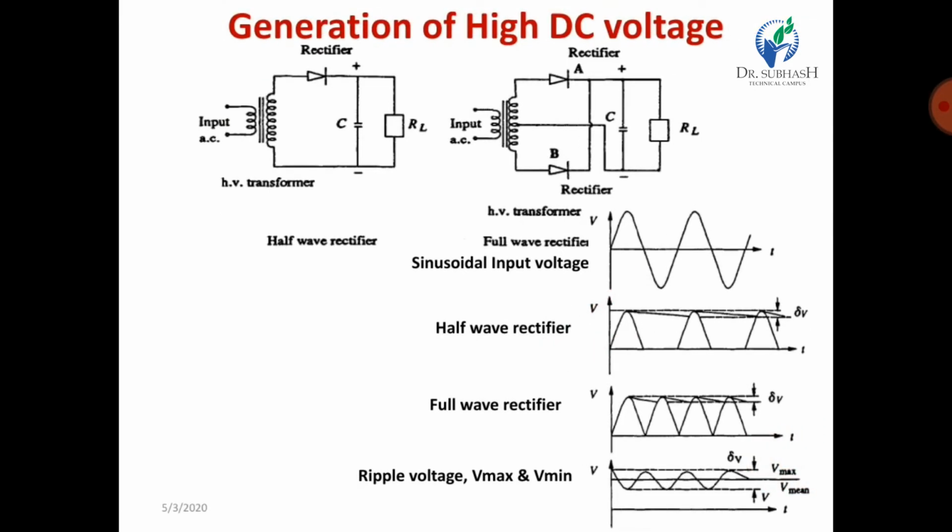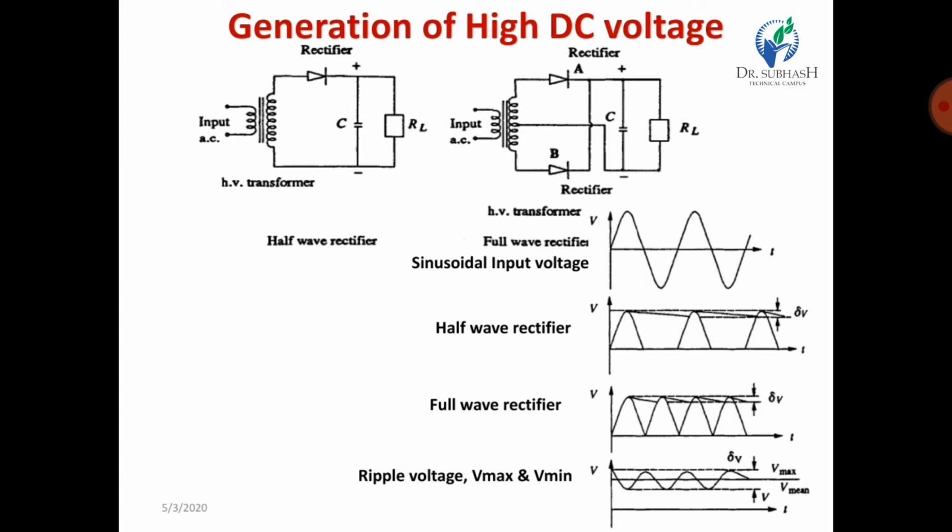Now we see the full wave rectifier. There are two diodes, A and B, and C stands for the filter. As we know, the output of the rectifier is not pure DC but pulsating, so we have to use a filter circuit, and in this circuit we have used a capacitor for filtering.